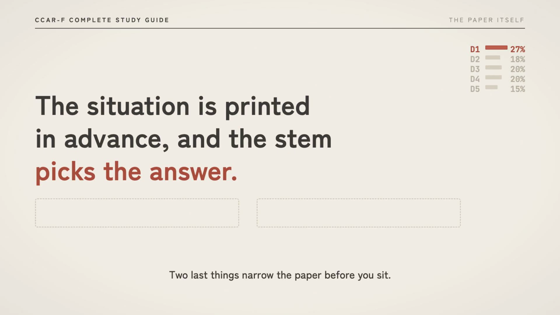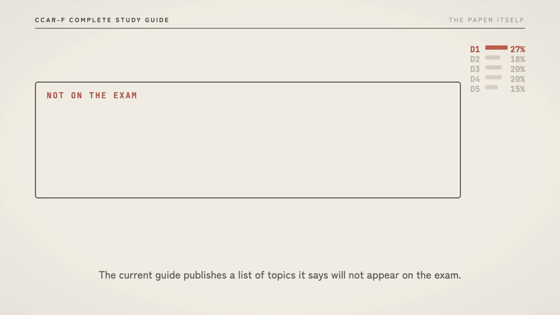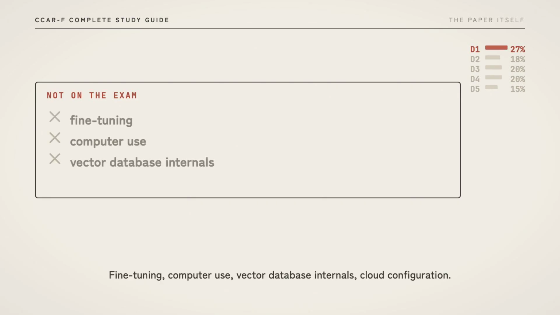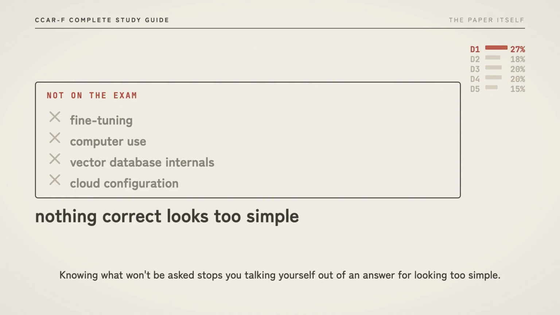2 last things narrow the paper before you sit. The current guide publishes a list of topics it says will not appear on the exam: fine-tuning, computer use, vector database internals, cloud configuration. Knowing what won't be asked stops you talking yourself out of an answer for looking too simple.